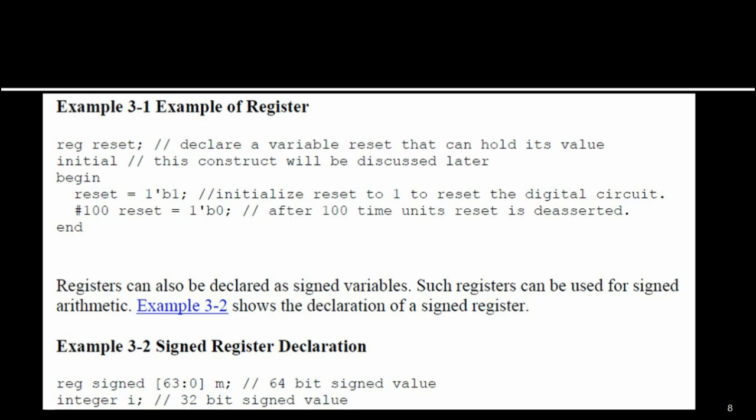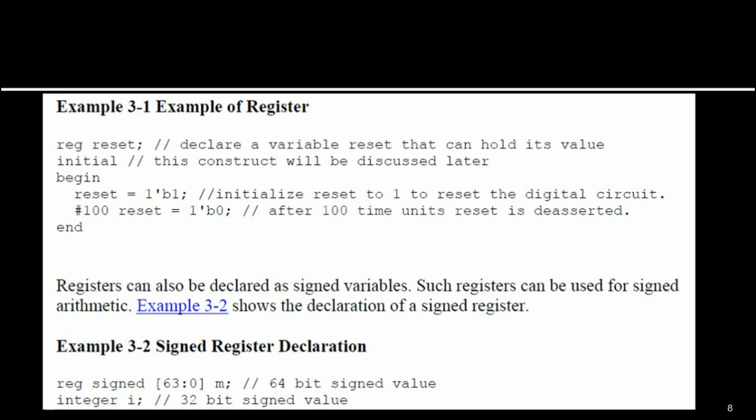Then after that, #100 reset equal to 1'b0. So this program indicates the reg keyword assigned to the identifier reset. After starting the program, initially reset is assigned 1 bit binary 1. Then after 100 time units, the reset value is 0.